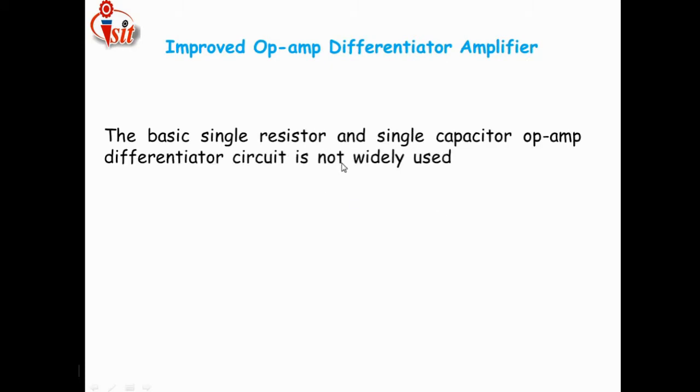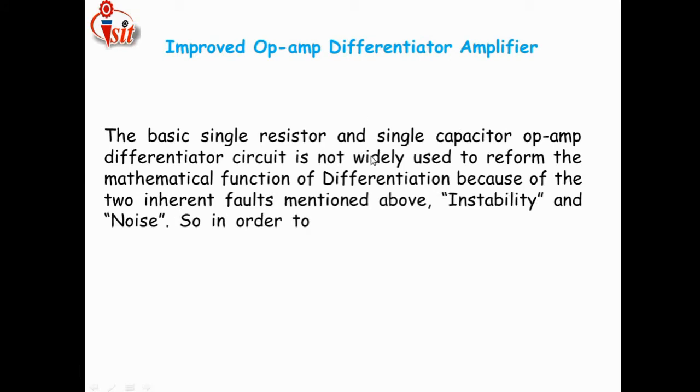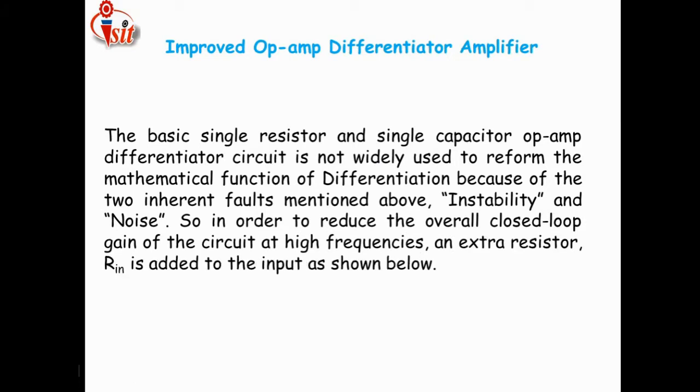The basic single resistor and single capacitor op-amp differentiator circuit is not widely used to perform the mathematical function of differentiation because of the two inherent faults mentioned above, instability and noise. So in order to reduce the overall closed loop gain of the circuit at higher frequency, an extra resistor, that is Rin, is added to the input as shown below.